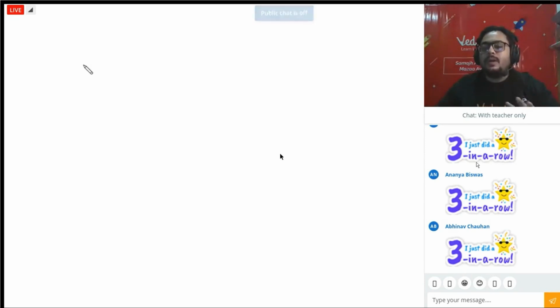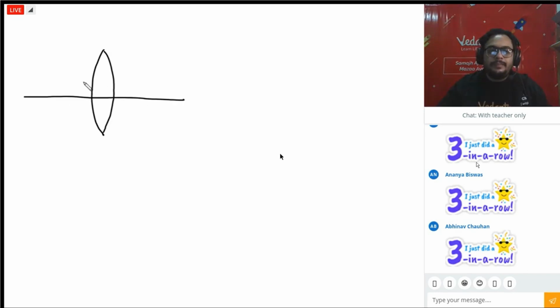See what I'm doing. I'm basically finding magnification for a convex lens. So this is kind of a question only, that if you have an object, this is your height of object, okay, and the image is forming at the near point. We do these questions, na, we do such questions anyway.